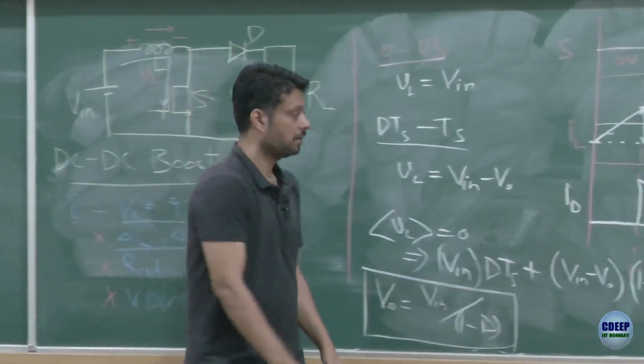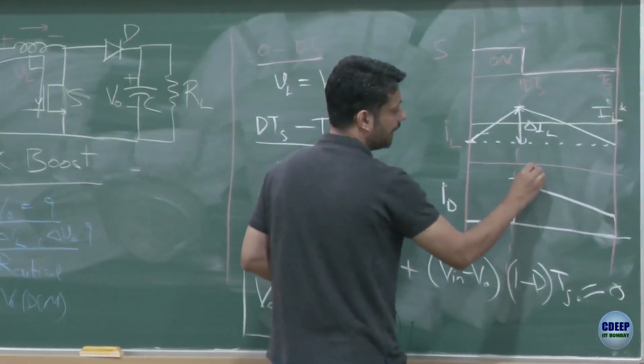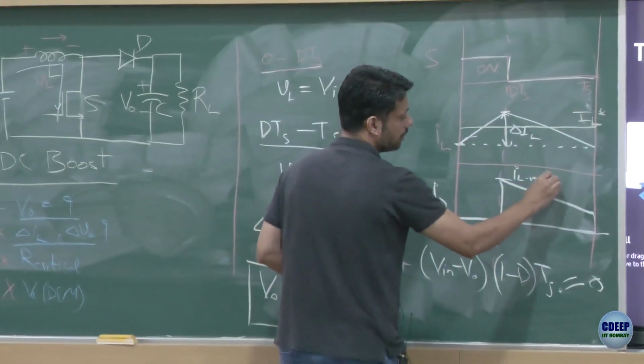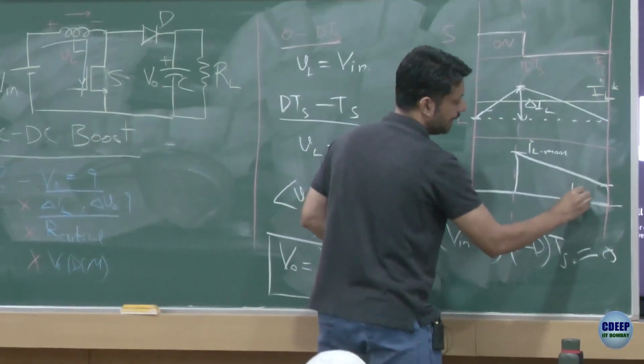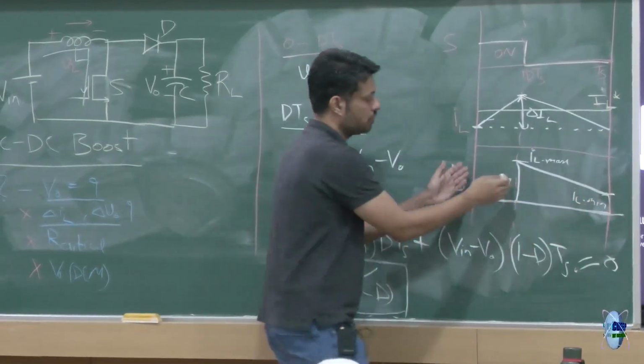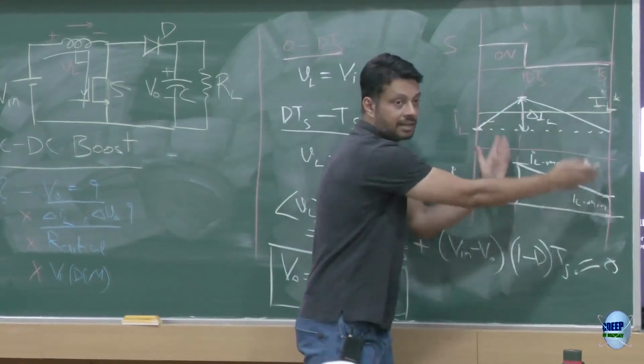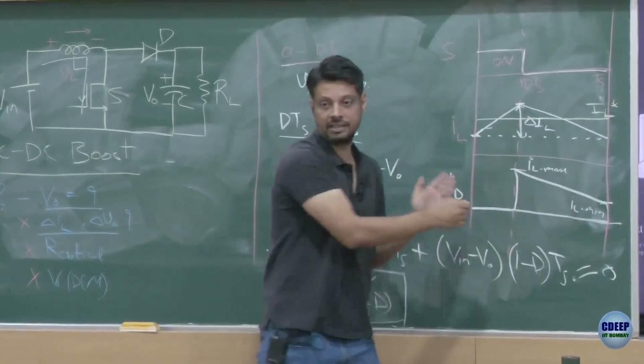Where this is the IL max, this is the IL min, and this current is exactly the same as the inductor current, and here there is no current in the diode.